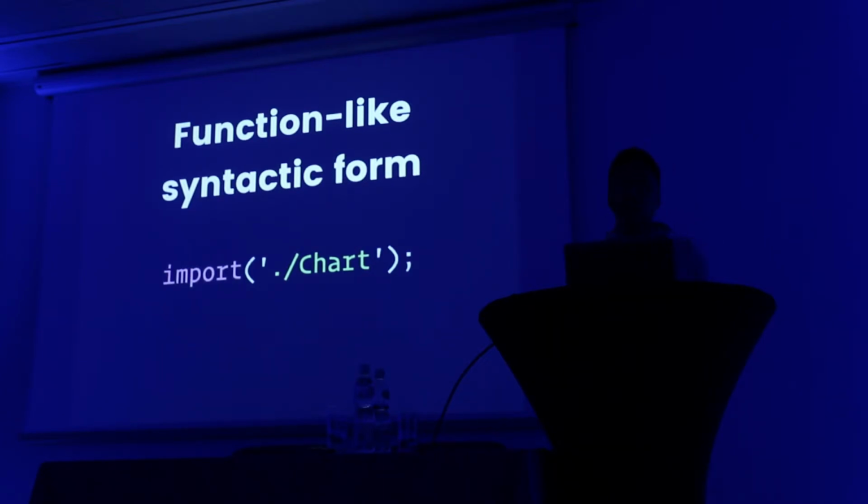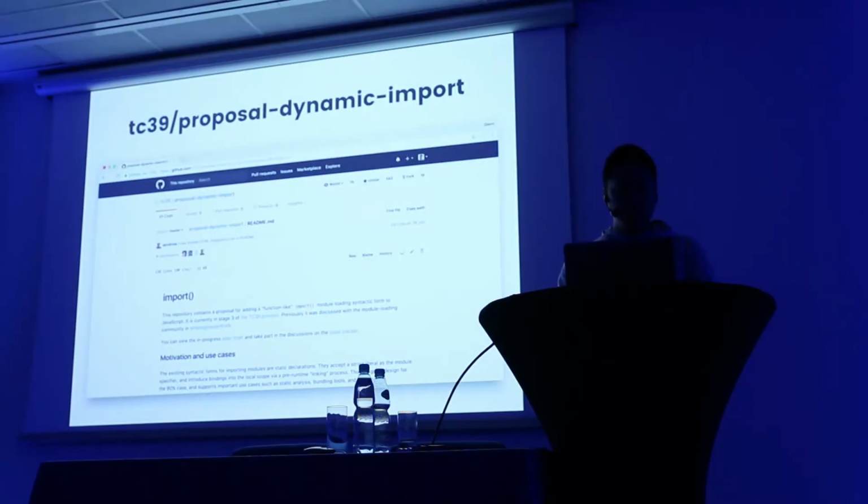A lot of popular open source libraries are adopting this feature already, as the syntax makes so much sense. So let's take a look at the status of the feature. As of today, it's still an open TC39 proposal at stage 3. If you're interested in the progress, definitely check out this GitHub repository. You can follow along with our discussions or open new ones around this topic.